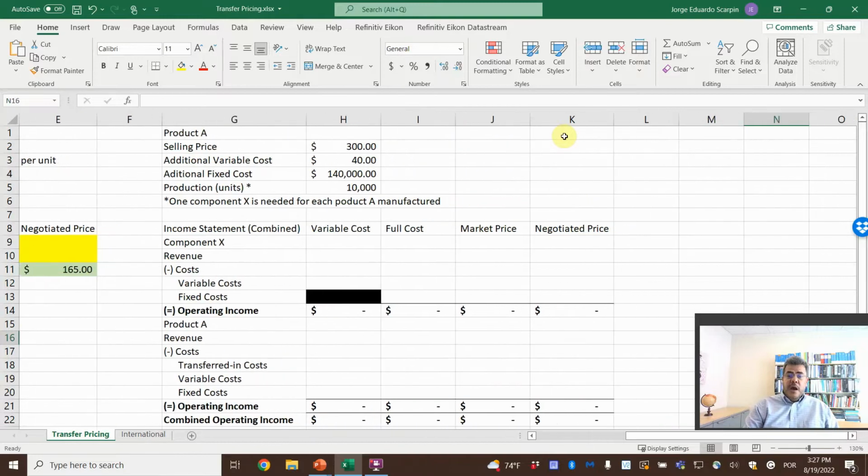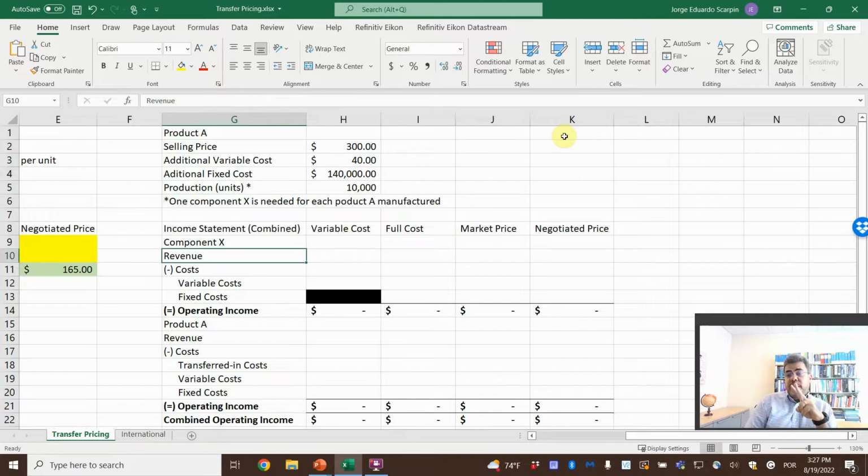Okay, how would be the financial statement here? So, okay, now we are doing the product A with this selling price, additional variable cost, additional fixed cost, the same 10,000 units because one component X is needed for each product A manufactured.